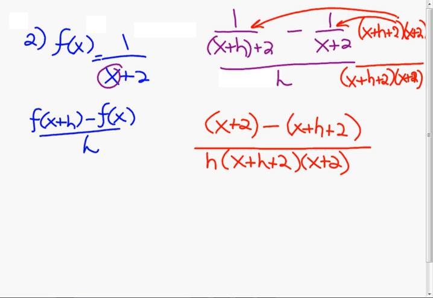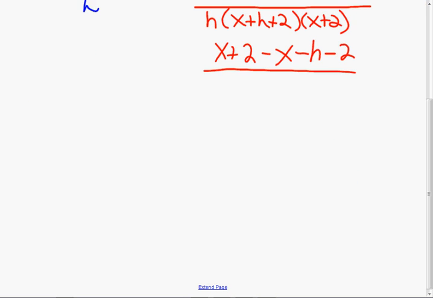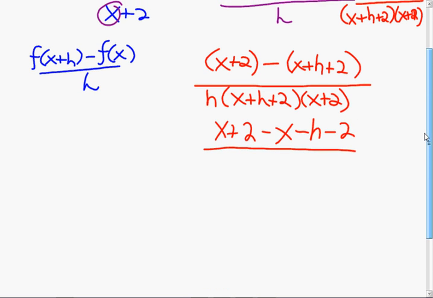The only thing I can think of is to go ahead and simplify that numerator. So I get x plus 2 minus x, here's where the mistake is, minus h minus 2. And I promised you, those of you who had me first semester know this, that everything is going to cancel out. Or just about everything. Because if it doesn't, I'm in trouble.